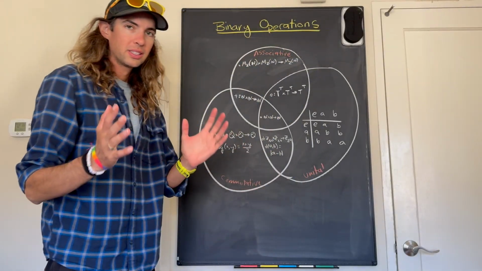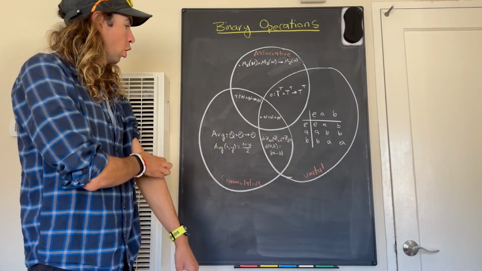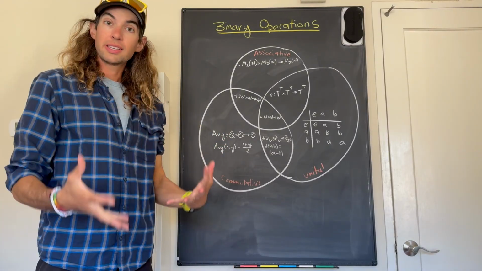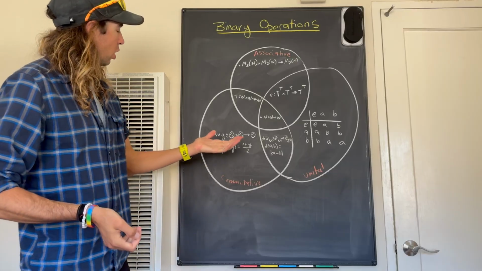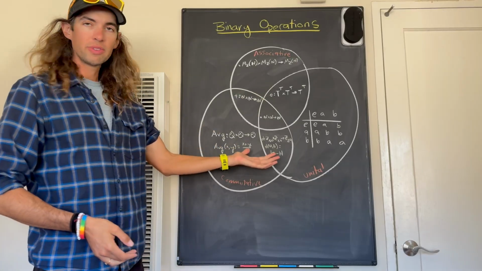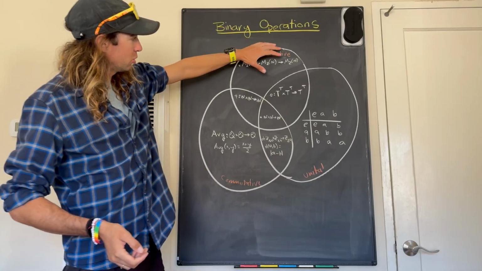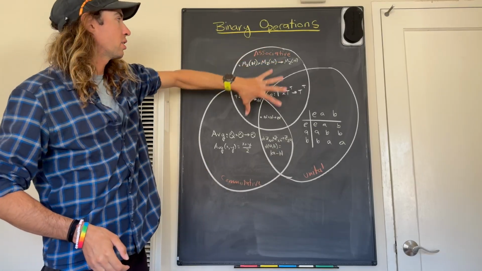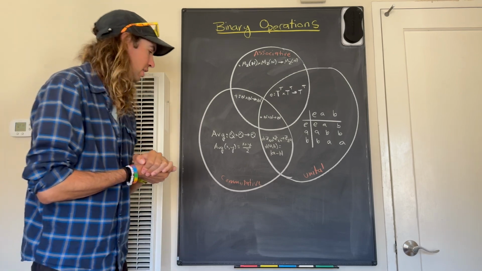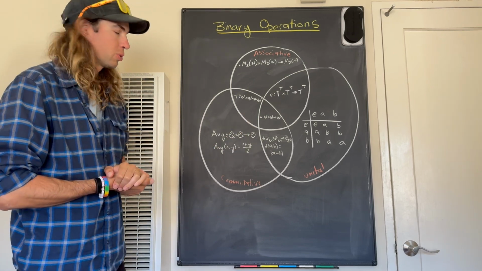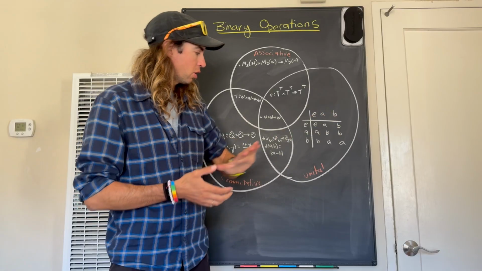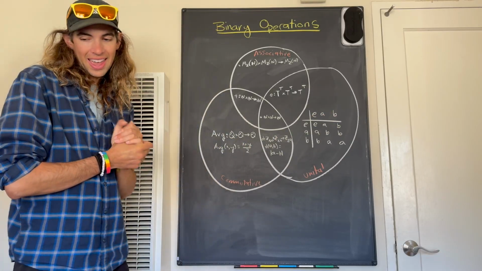Okay, so I said that all three of these properties are distinct from each other. And we can see this with this cool Venn diagram, which shows that the top circle are all operations which are associative, the left is all operations which are commutative, and the right is all operations which are unital.